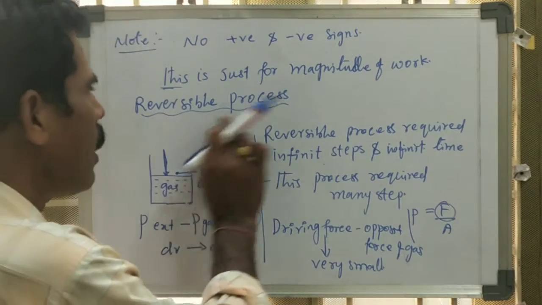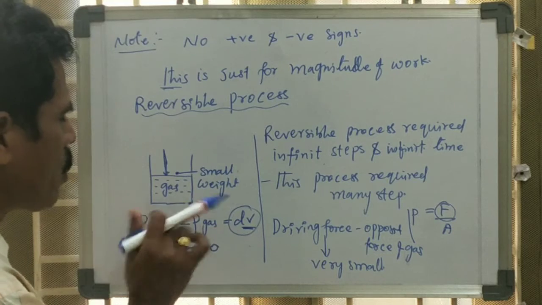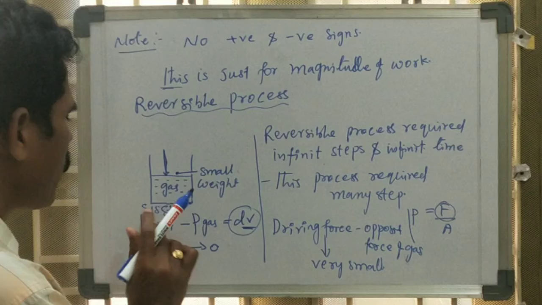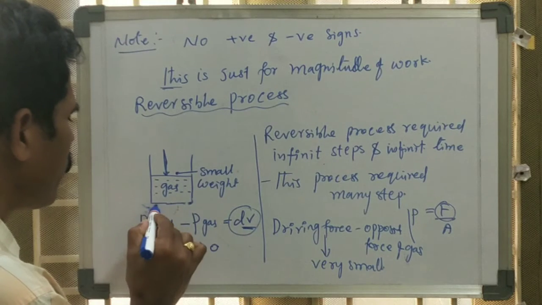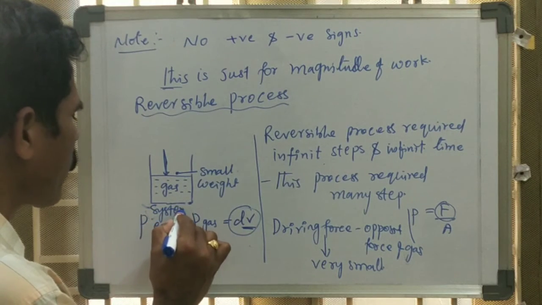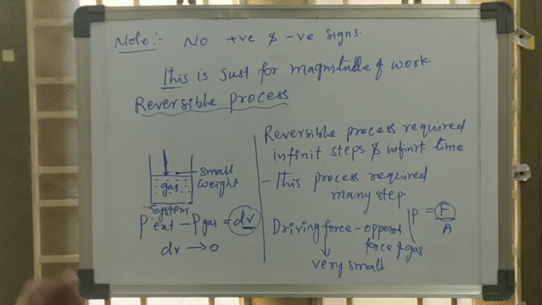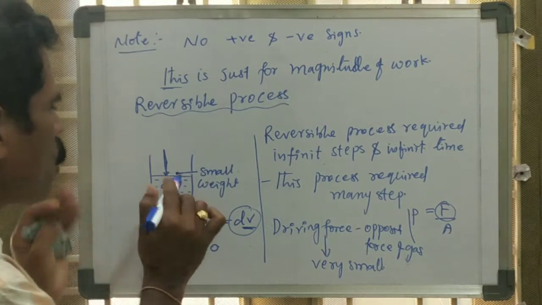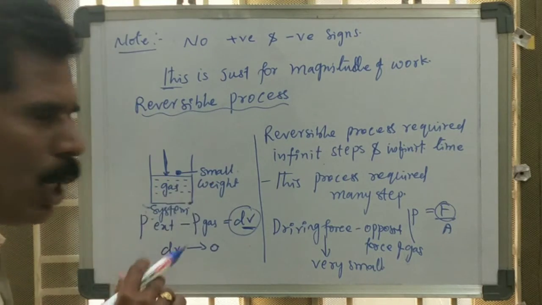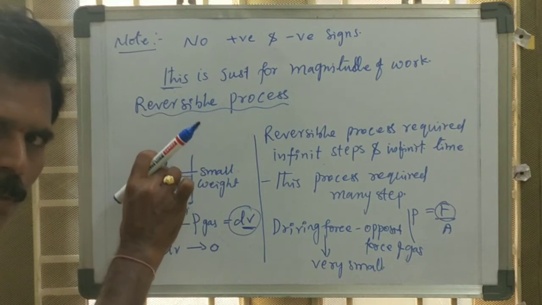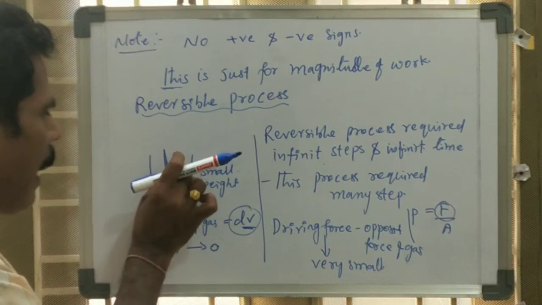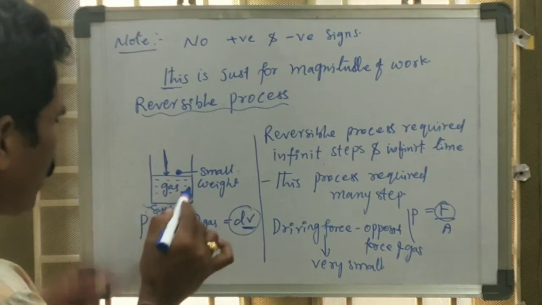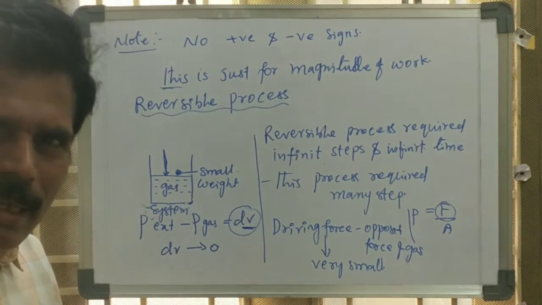So in that reversible process, the system was taken with gas. Over the gas, a piston was arranged and a small weight also. So the piston tried to move inside with external force as well as a little weight on it, so the volume of the gas slightly decreases.